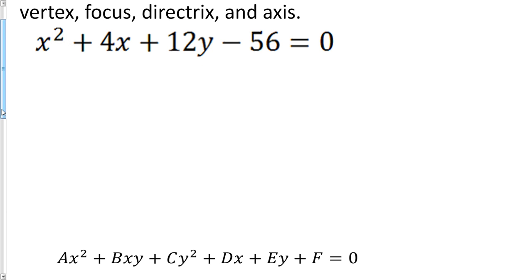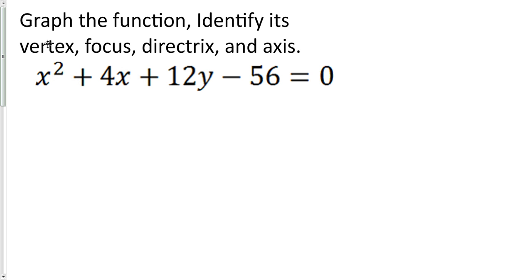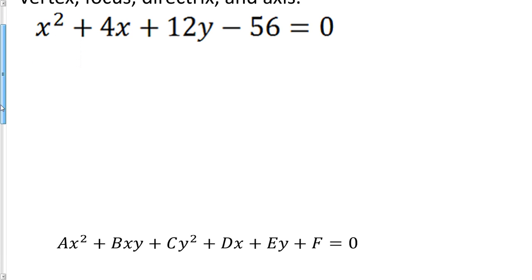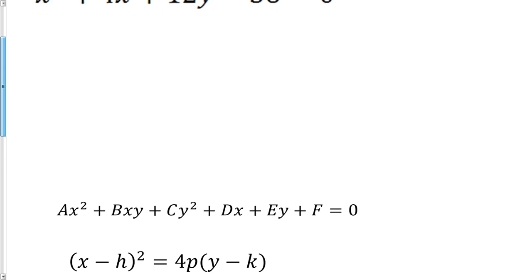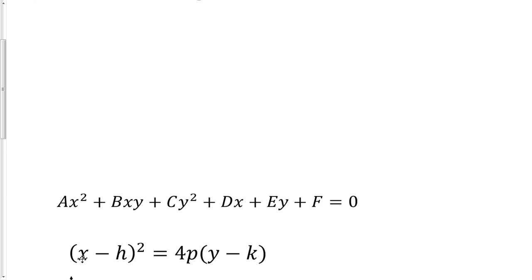Okay, so now what I want to do is go ahead and find the vertex, the focus, the directrix, and the axis. But this form, which was that general form of a conic that I was just looking at, doesn't help me with that. What I want to do is put it in this form. This form right here will allow me to identify h and k and also p.